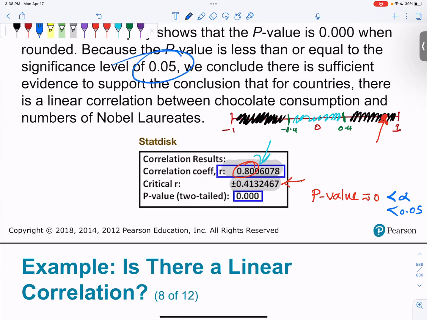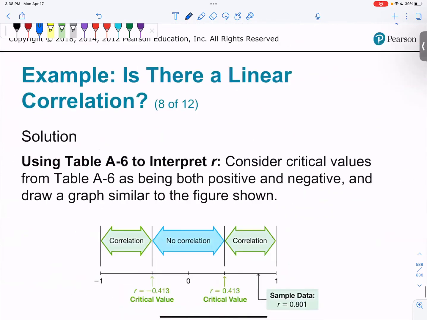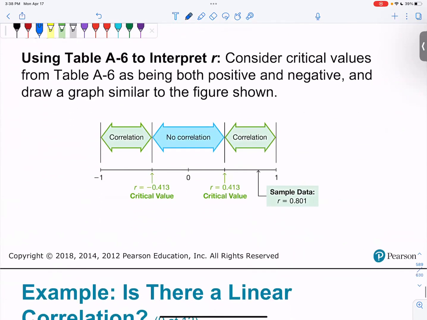Then we say, yes, we have correlation, which is, so our value here, right? So this is the critical value here and here, and we say, yes, we have correlation here. It should be no linear correlation.